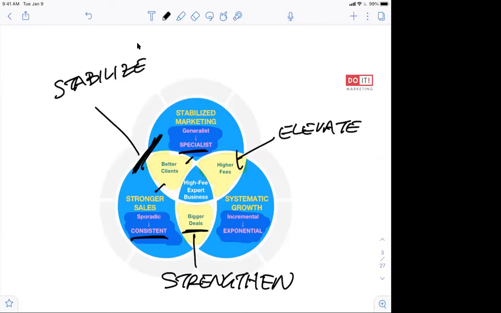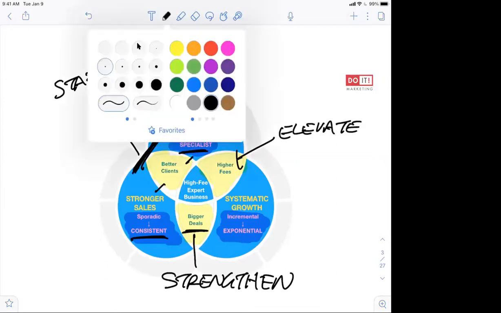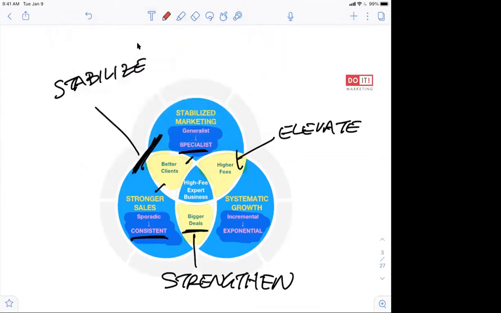And once you've got stabilize, strengthen, and elevate, that takes you right into the sweet spot of where you want to be, which is in a high fee expert business, right? In fact, there's no coincidence here. I'm going to draw a little shape around this, that when you have all three of these working, you will fall back in love with your business again, because now you've got the clients that you've always wanted.